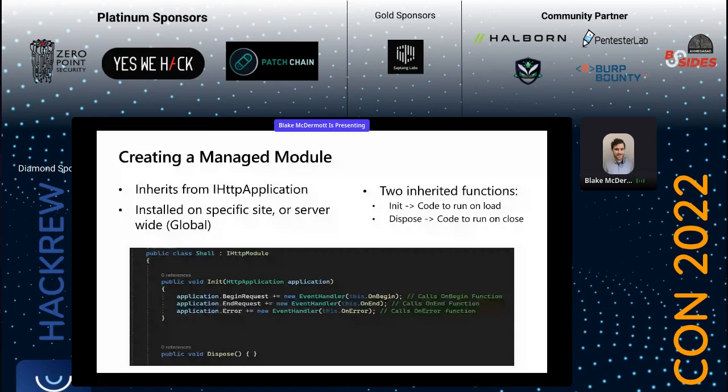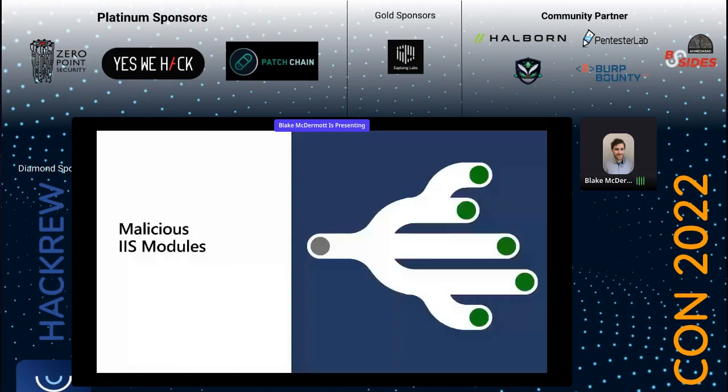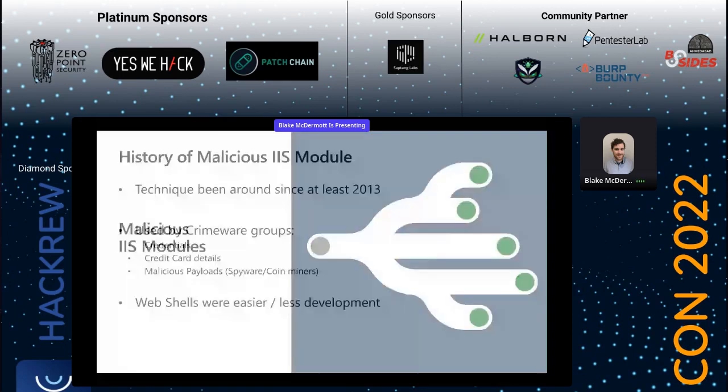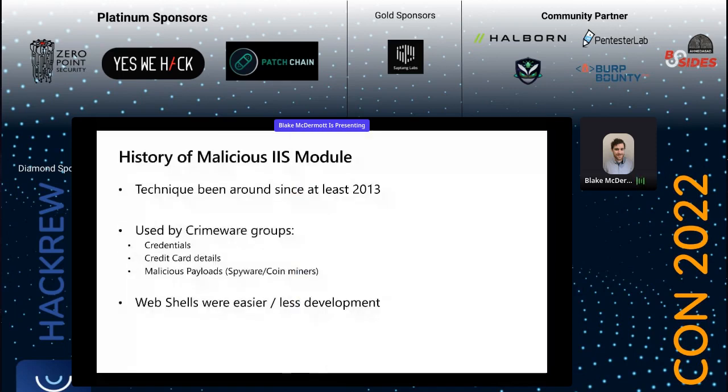So let's talk about how these IIS modules have been used maliciously, starting with a bit of a history. From a couple of Google searches, the earliest evidence I could find of malicious IIS modules went back to 2013. They were used by crime groups where they would install a filter on payment pages to steal payment info and credentials.